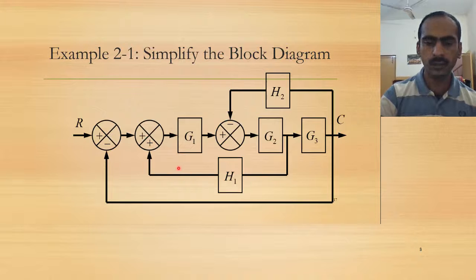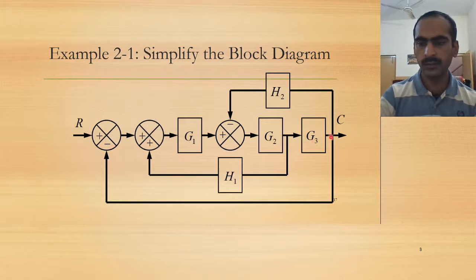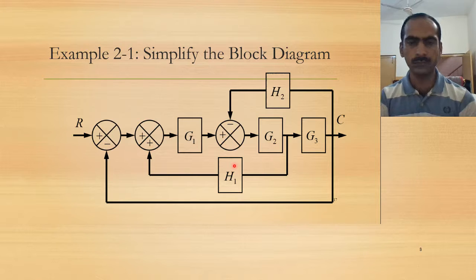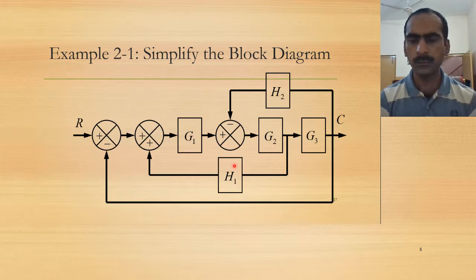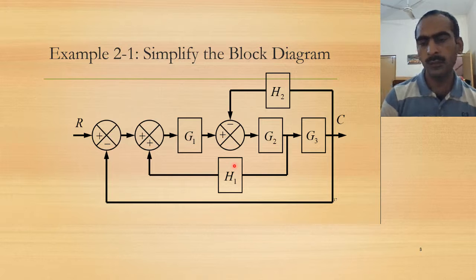So here, if I see this, it seems to be a loop back, but it's not a loop back connection because we are taking a signal of A. This also is a loop back system, but it has an interference from outside, so it's not a standalone loop back. We cannot simplify it. Similarly, for the outer loop, we cannot simplify. So it seems this block diagram cannot be simplified, but we can do it if I move around the signal.